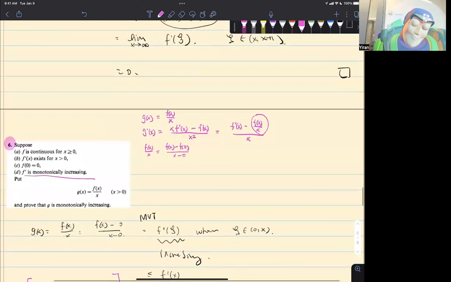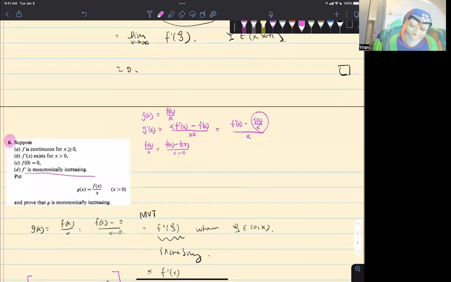Let's just check the conditions together. f is continuous on [0, infinity), f is differentiable on (0, infinity).